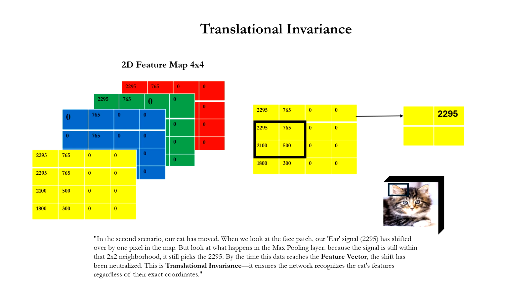But look at what happens in the max pooling layer. Because its signal is still within that 2x2 neighborhood, it still picks the 2295. By the time this data reaches the feature vector, this shift has been neutralized. This is something important called translational invariance. It ensures the network recognizes the cat's features regardless of their exact coordinates.